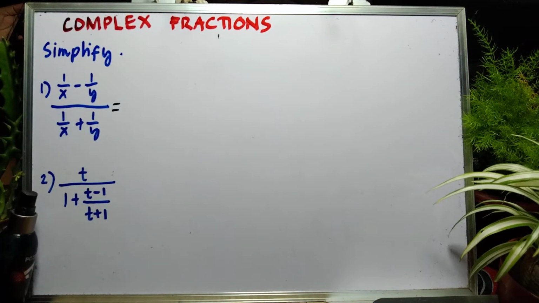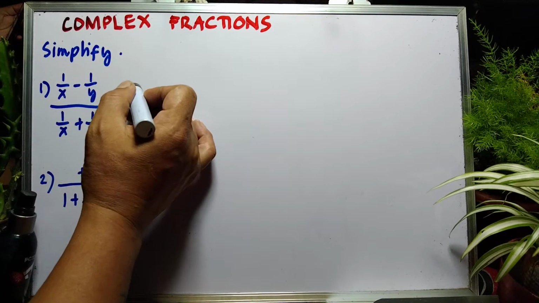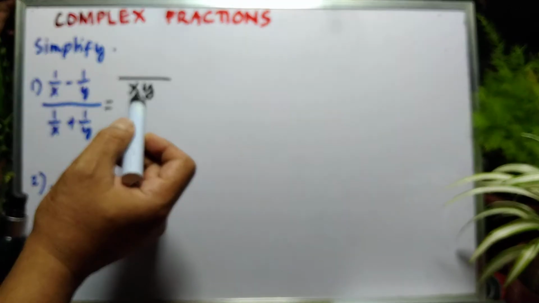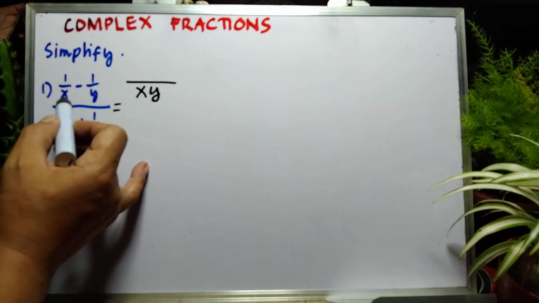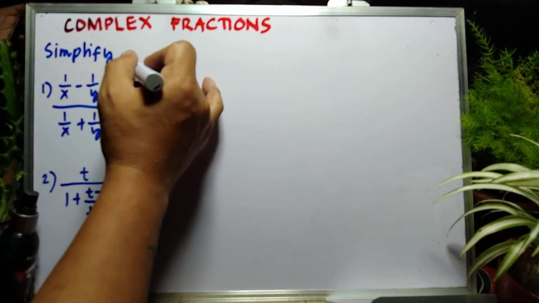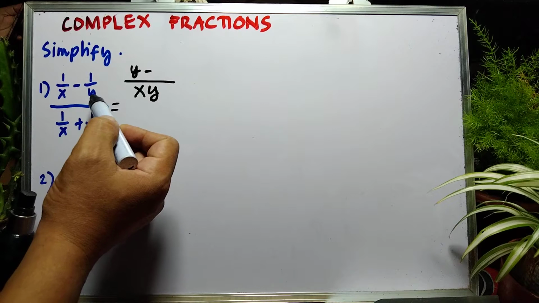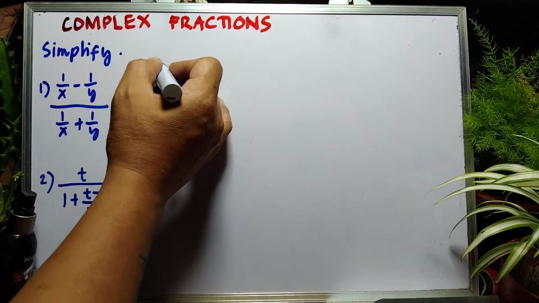So what we're going to do, if you can still recall how to simplify fractions that are dissimilar, we need to get the LCD. So the LCD here is xy. Okay, so xy divide x is y times 1, you have y. Minus xy divide y is x times 1, you have x.